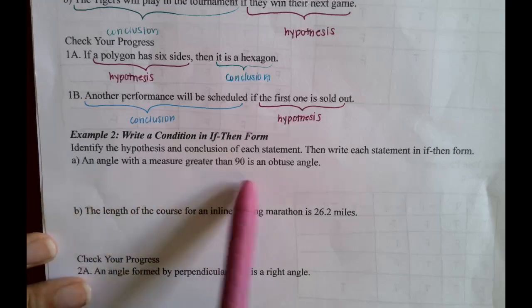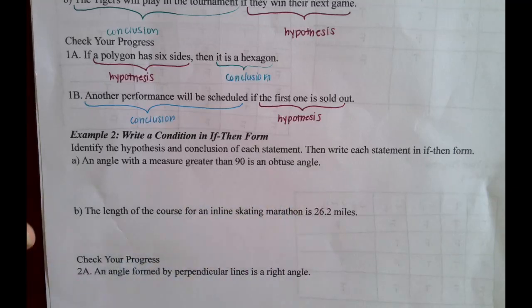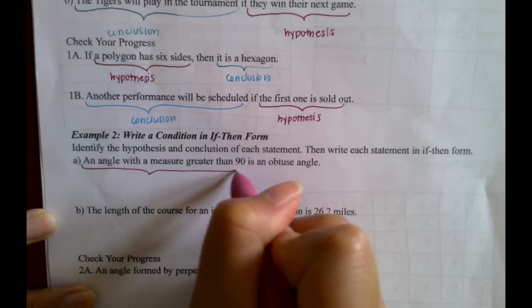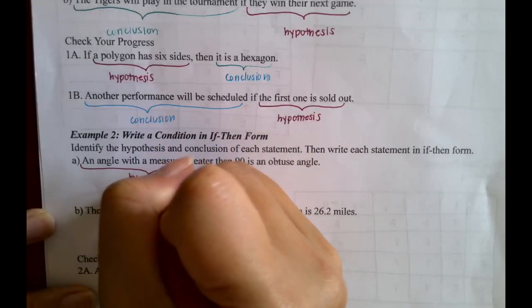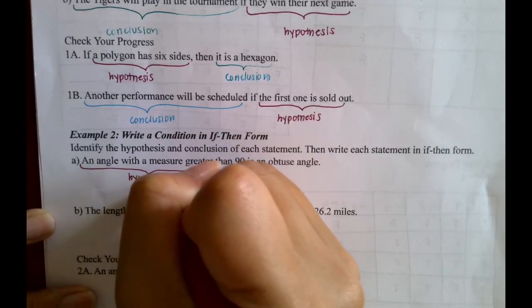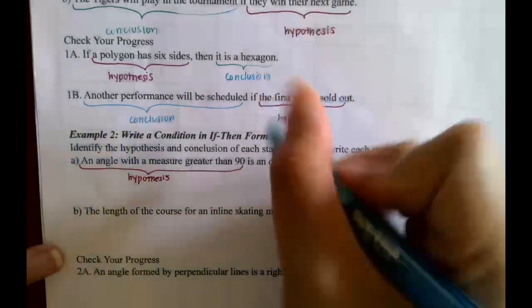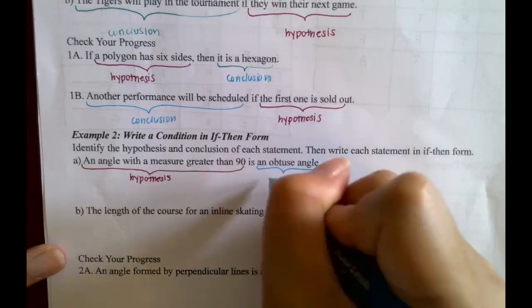An angle with measure greater than 90 degrees is an obtuse angle. Okay, so this part is the hypothesis, an angle with a measure greater than 90. The conclusion is that it's an obtuse angle.